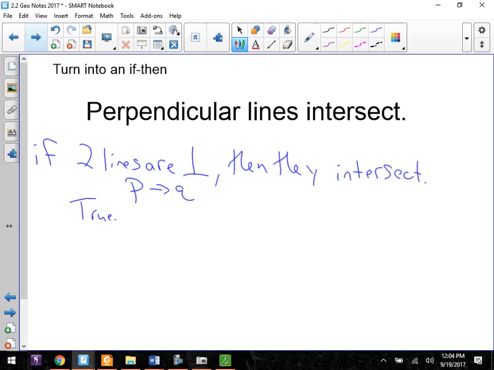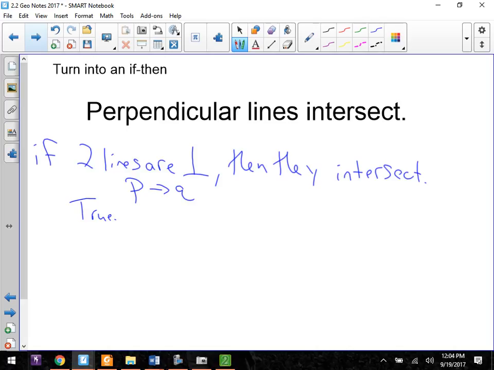Say it backwards. Flip them. So what I mean is, say your conclusion first and then your hypothesis. If two lines intersect, then they are perpendicular. Did I hear that all right?